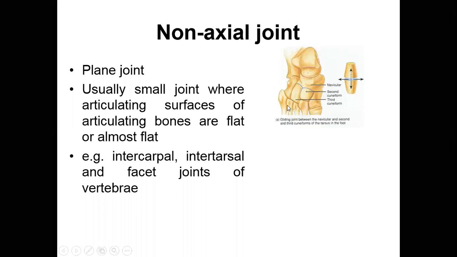Examples here we are seeing intertarsal joint. So tarsal bones are short bones which are seen in the foot. So they are going to have joints between these tarsal bones, which are called intertarsal joints. So they are of plane type of joint. So these are the classifications of the synovial joint.